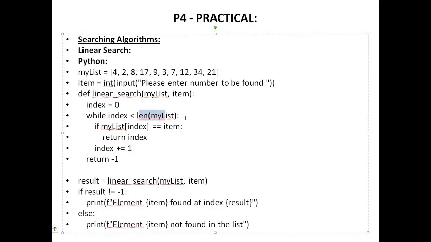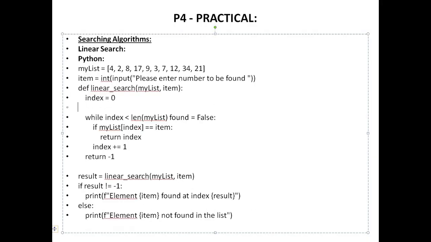So while index is less than the length of my list, which is my array, this basically means as long as you have not reached the end of the list, or if you want, we can write another condition, found equals to false.